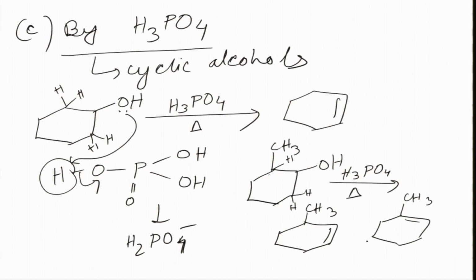Now, according to the Saytzeff rule, this is more substituted because this has one hydrogen and three substitutions, whereas in this case there were two substitutions and two hydrogens. So, this will be the major product and this will be the minor product.